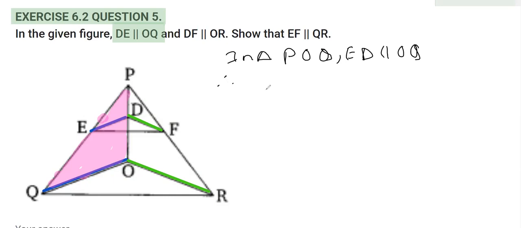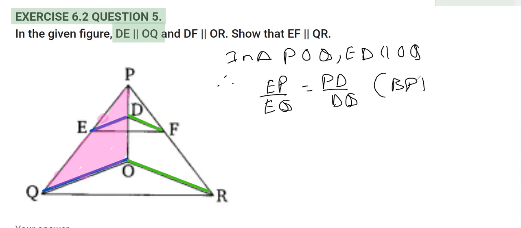Therefore, from BPT, it will divide the other two sides in the same ratio, this over this is equal to this over this. So we can write EP over EQ equal to PD upon DQ, by BPT. We can mark this as equation 1.